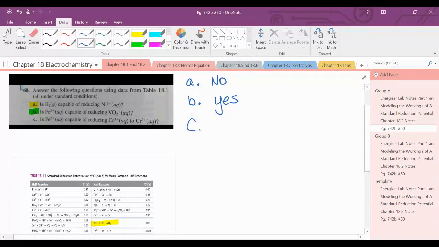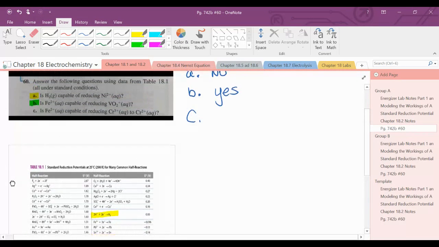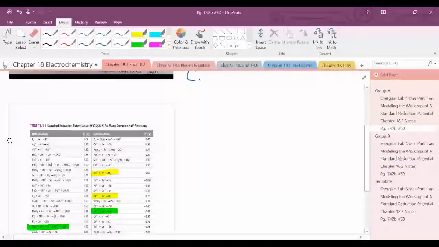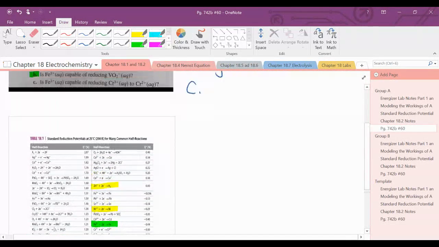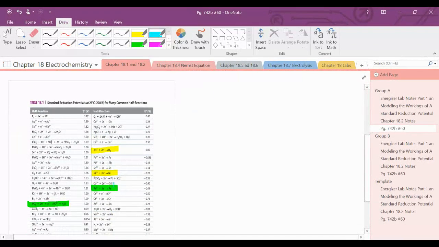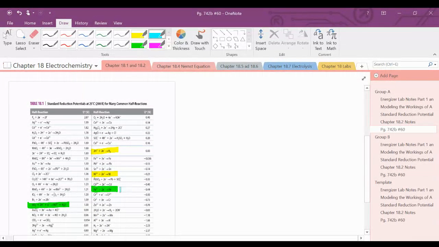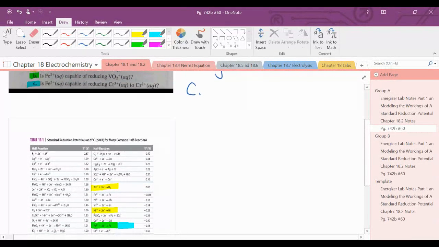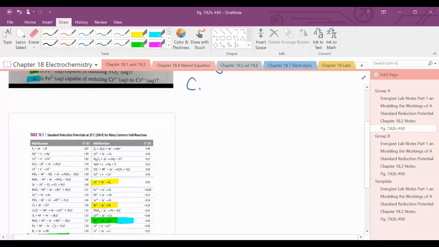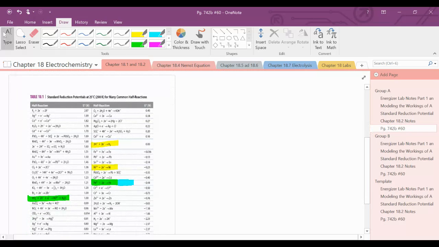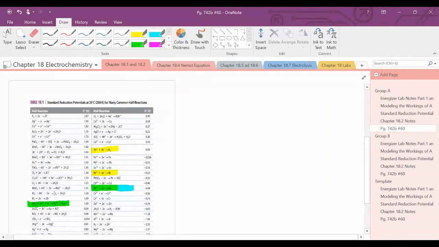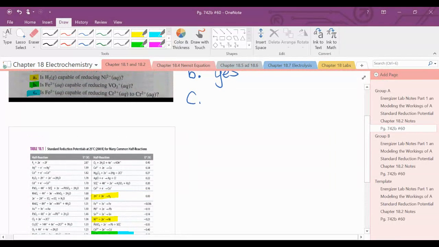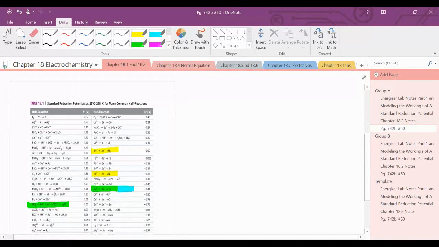For C, we're looking at iron 2 plus. So we're looking at this one again. Is iron 2 plus capable of reducing Cr3 plus to Cr2 plus?